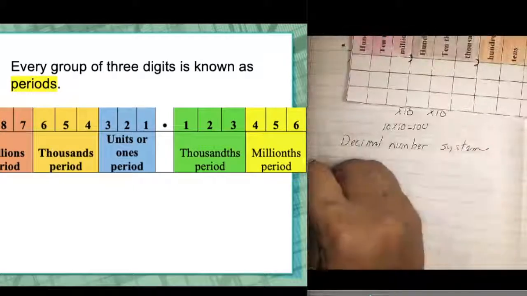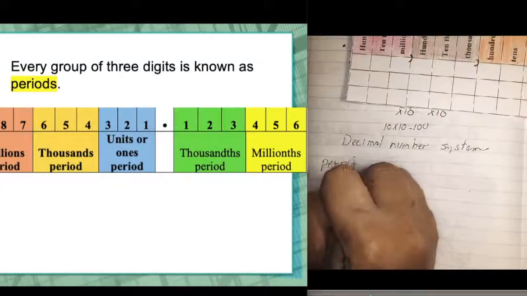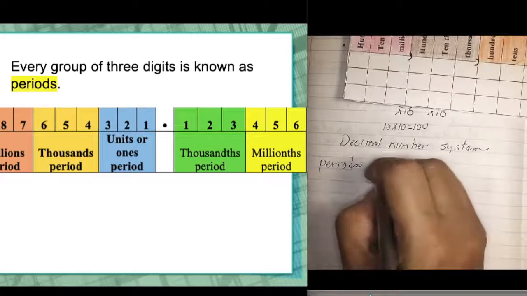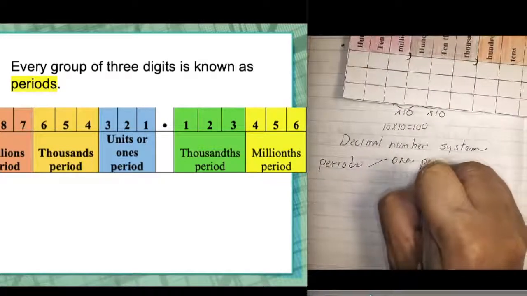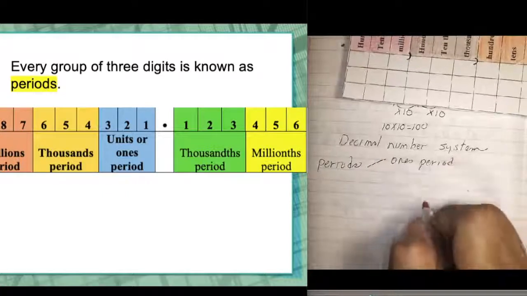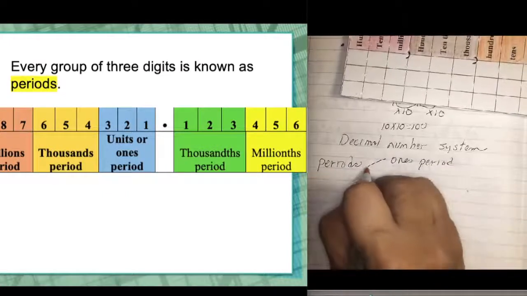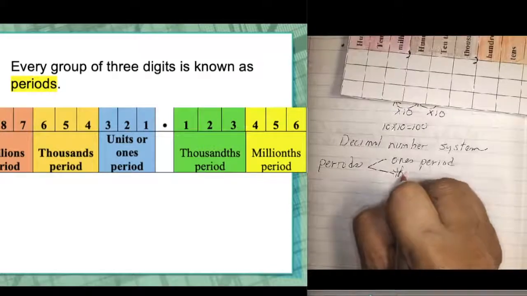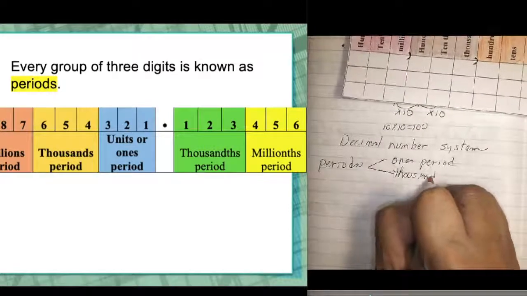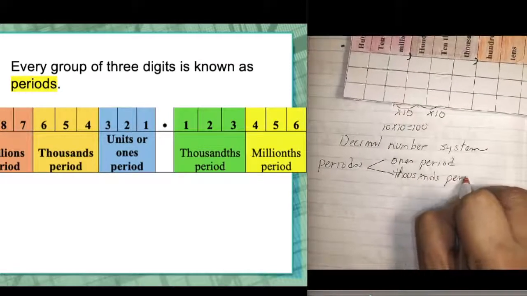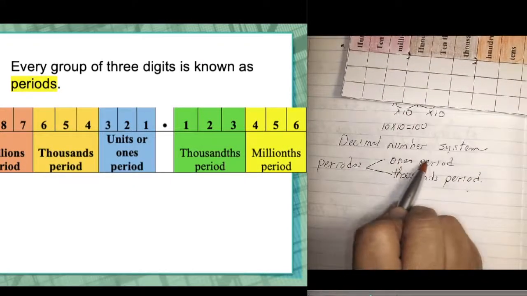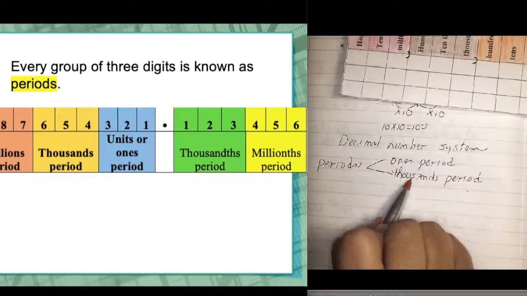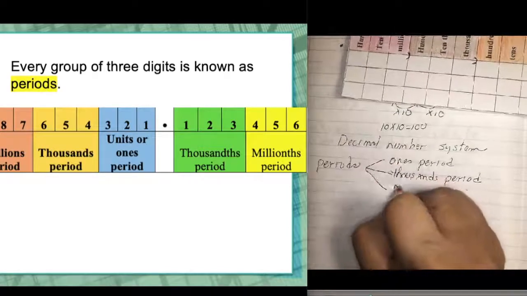So let's write that term down. Now notice that the first one is my ones period. In some textbooks, it's also called the units. Then notice it switches over to the thousands. There's no hundreds. It goes from the ones or the units to the thousands to the millions and so on.